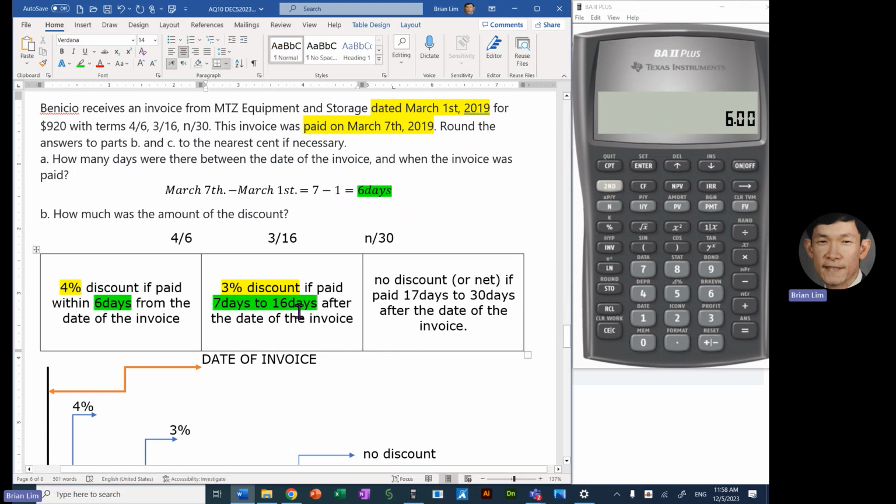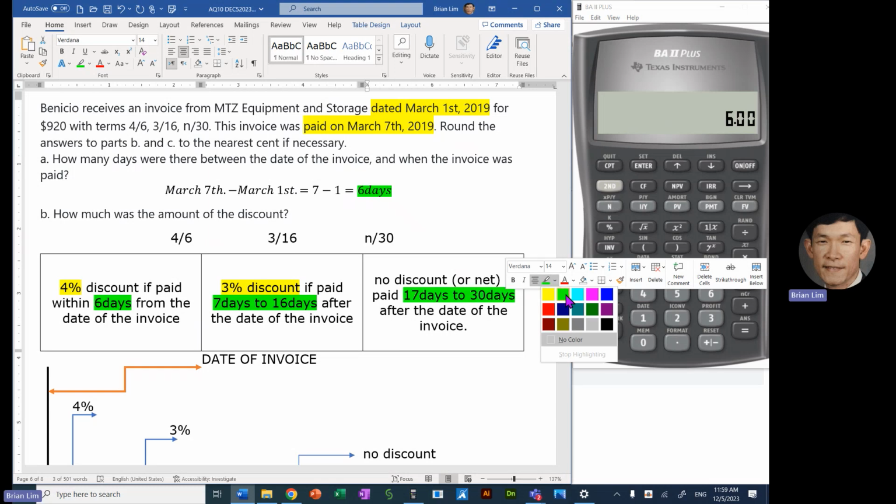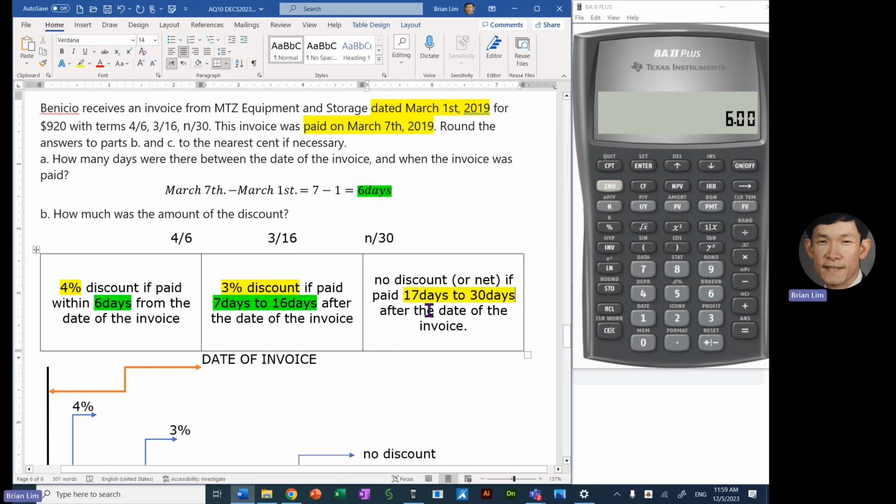Now, after 16 days, so from day 17 to day number 30, there will be no discount, but the invoice needs to be paid. So N stands for net, meaning there's no discount.